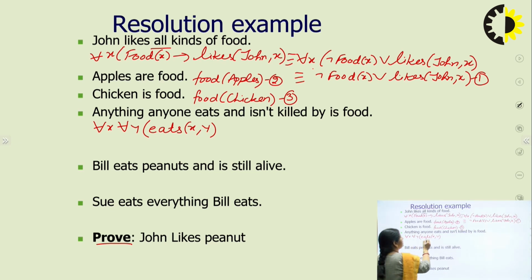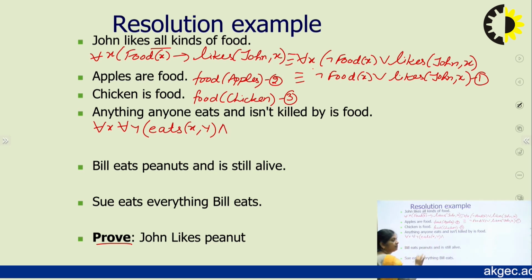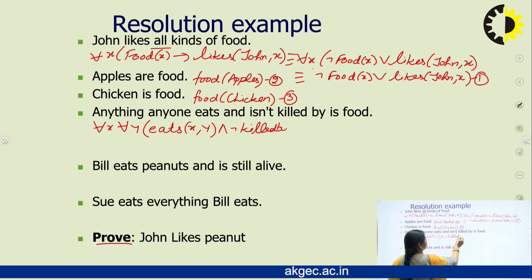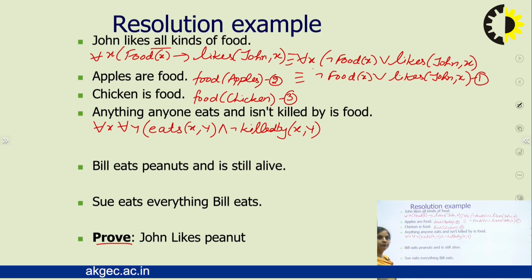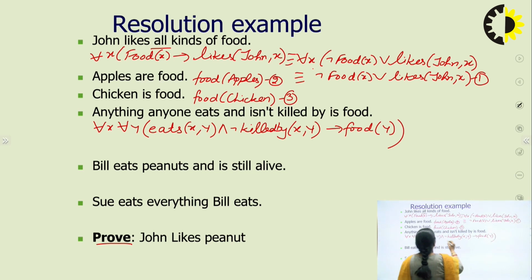So let me say X eats Y and after eating is not killed by, it means not killed by X is not killed by Y. Okay, then Y is food. X eats Y and X is not killed after eating Y, then Y is food. This is written in our statement.